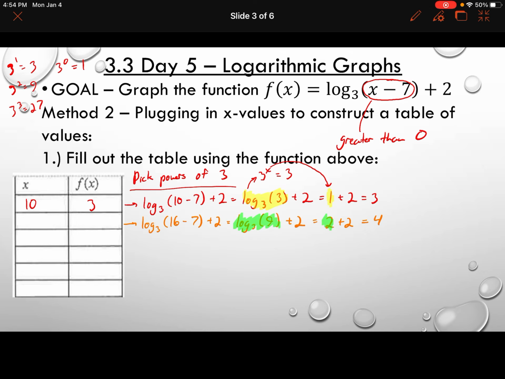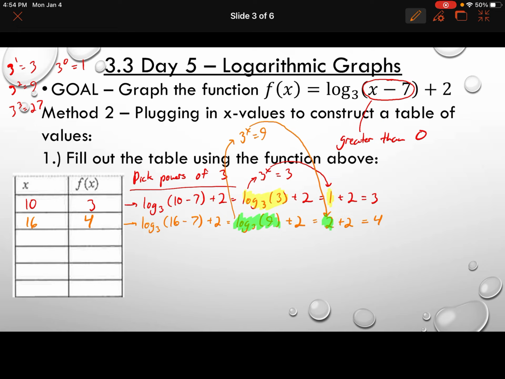So if I were to, hopefully I could do this off to the side here. 3 to what power is equal to 9? Well, if x is 2, it makes it equal to 9. So that's how we know log base 3 of 9 is 2. So that means when I plug in 16, I get 4. Because that's what we made our x value. We made our x value 16, so that 16 minus 7 gives us that 9.